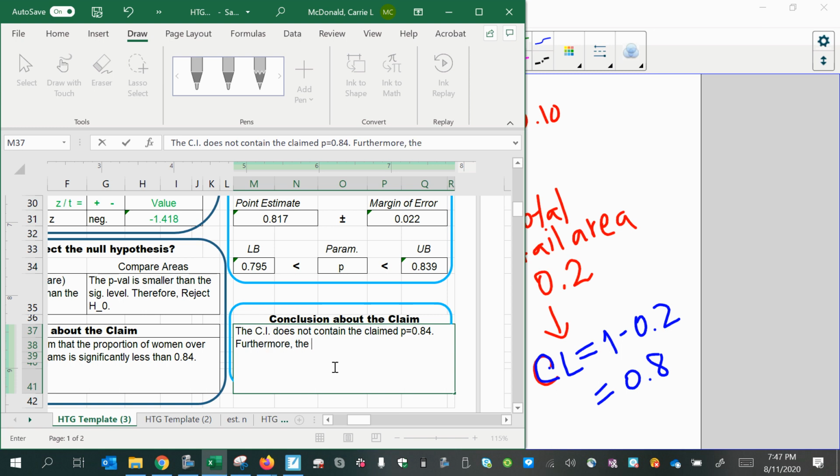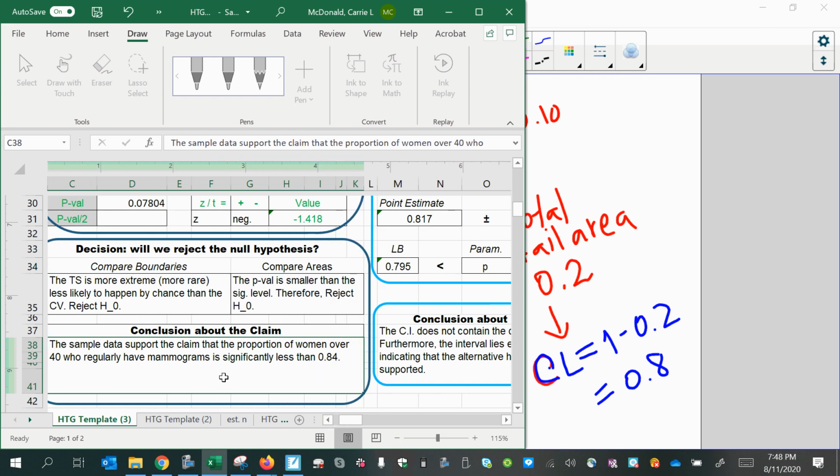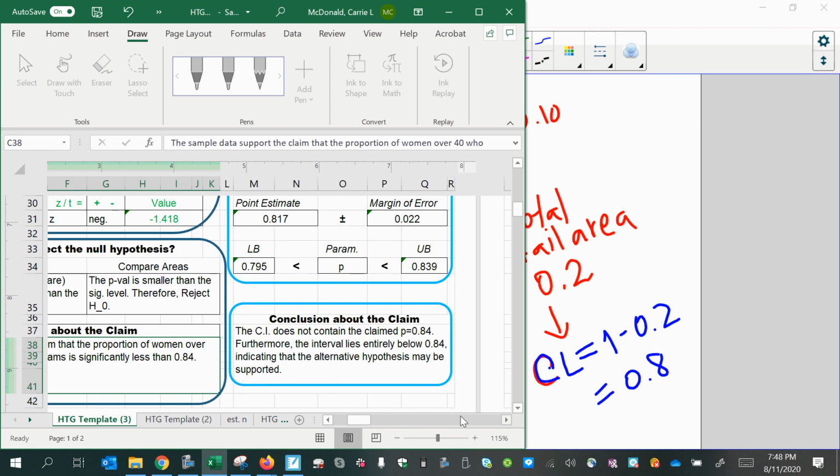Furthermore, the interval lies entirely below 0.84, indicating that the alternative hypothesis may be supported. Okay? So it's kind of like getting an amen on the decision or the claim that we already made using the hypothesis test. So we're getting confirmation here from our confidence interval.